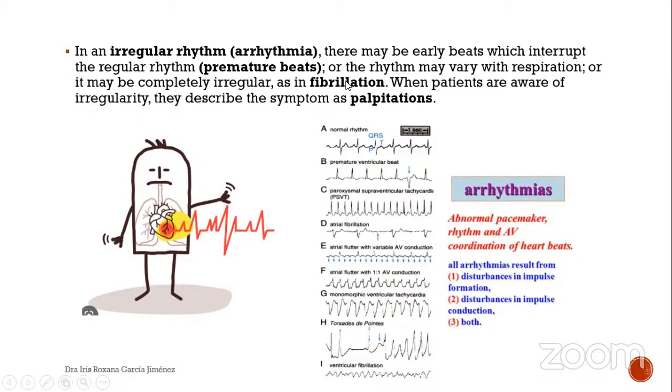When patients are aware of irregularity, they describe the symptoms as palpitations. They use this expression, for example, they say, I feel palpitations, because they're talking about an arrhythmia. A similar situation as in Spanish. It's for taking into account.